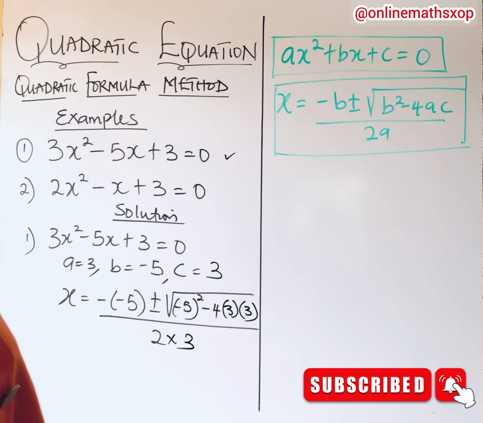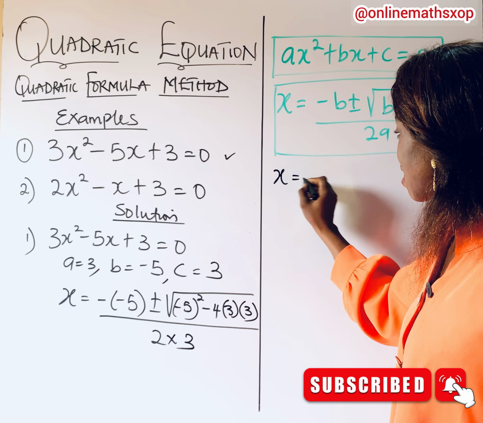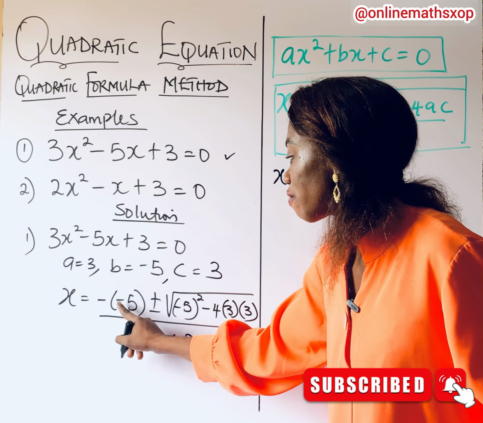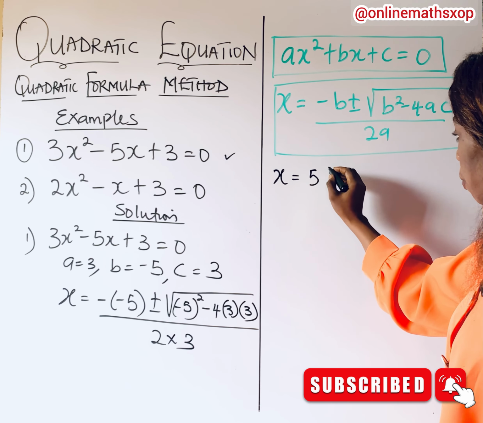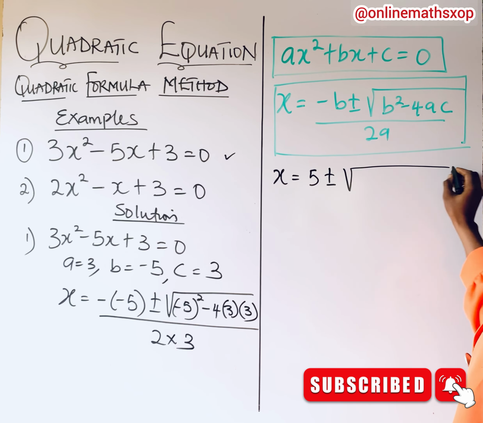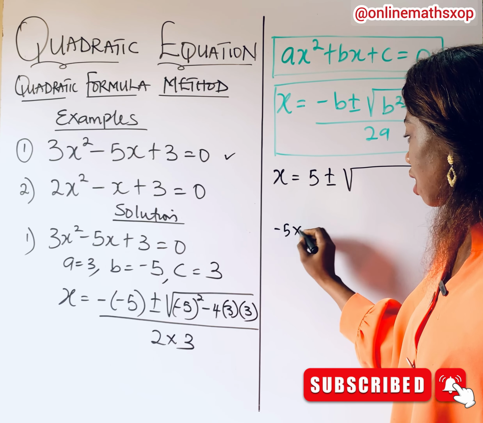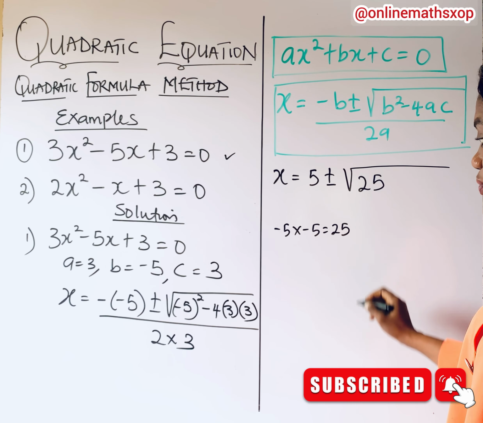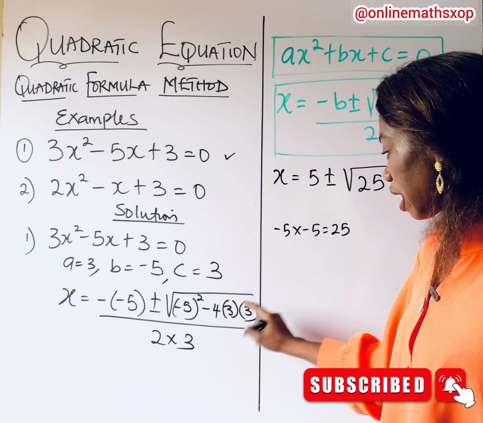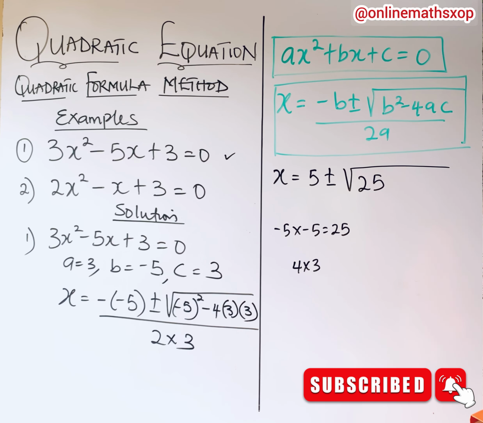So what do you do at this point? You are going to simplify. If you do that, you have x is equal to negative multiplied by negative is positive, so we have positive 5 plus or minus square root of negative 5 squared, which is negative 5 times negative 5 to give us 25. Then multiply 4 by 3, which gives 12, and 12 times 3 gives 36.